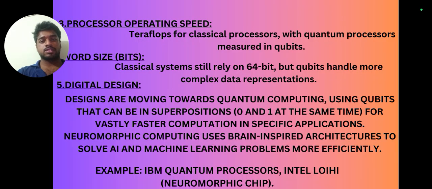Digital design: designs are moving towards quantum computing using qubits that can be in superposition of 0 and 1 at the same time, for vastly faster computation in specific applications. Neuromorphic computing uses brain-inspired architectures to solve AI and machine learning problems more efficiently. Examples are the IBM quantum processor and the Intel Loihi neuromorphic chip.